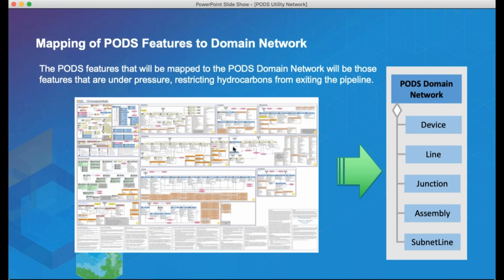We're just bringing the pipes and the fittings and the junctions that control the connectivity and flow. We're identifying those objects, and then we're mapping those into these key feature classes in the utility network so that functionality works. And so let me show you where we are with that process.